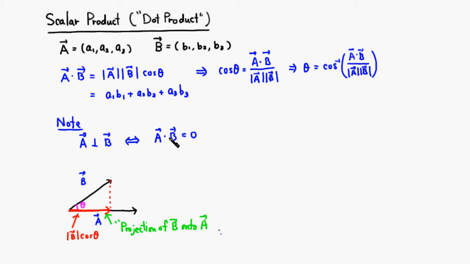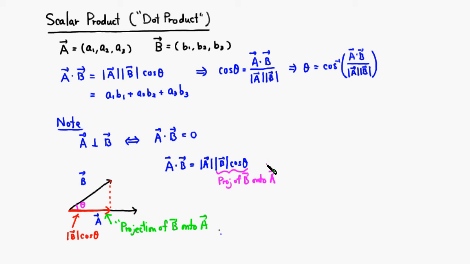So if you look at A dot B, which is the magnitude of A times the magnitude of B times cosine of theta, you can think of this as the magnitude of A times the magnitude of the projection of B onto A. And of course, why would you project B onto A?